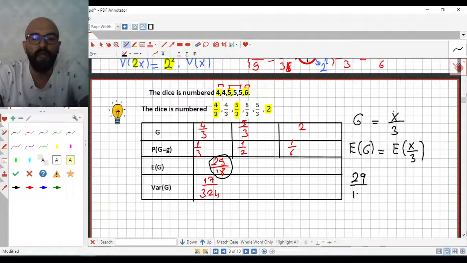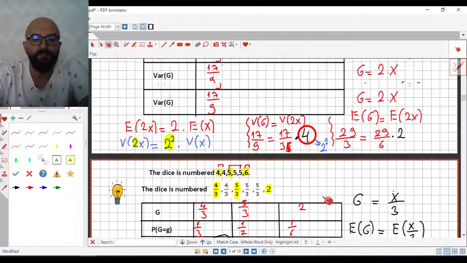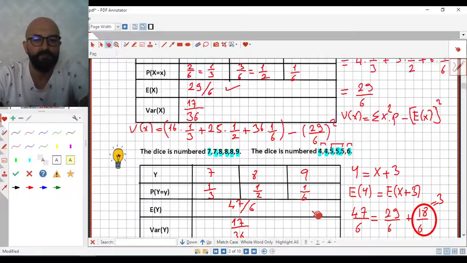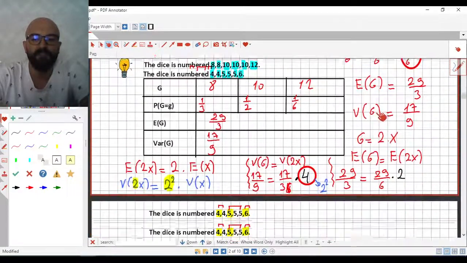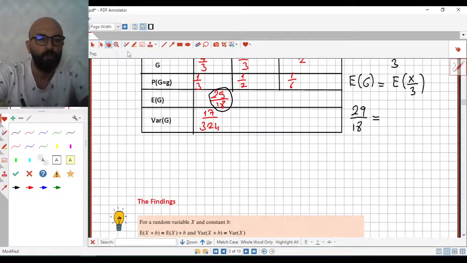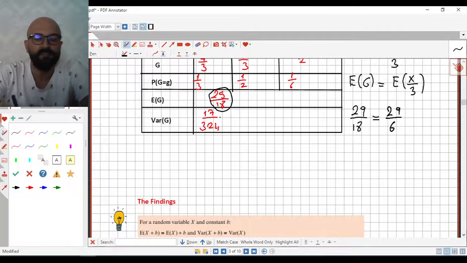Please remember that the expected value of X is 29 over 6.